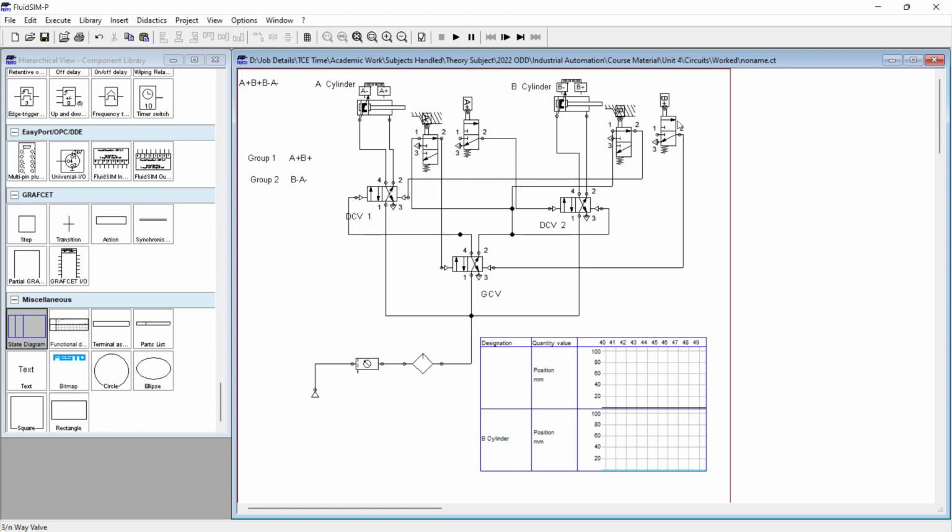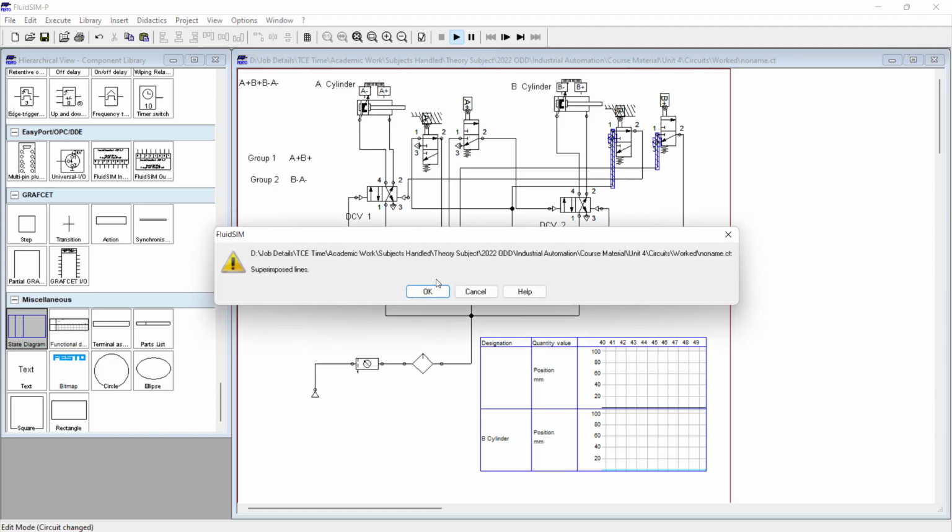Then the A plus and B plus limit switches receive power from power line 1.